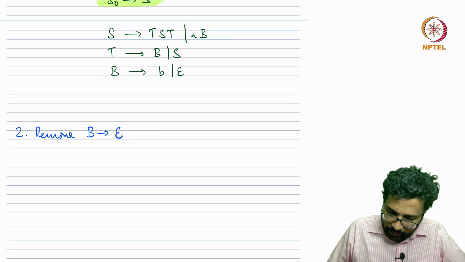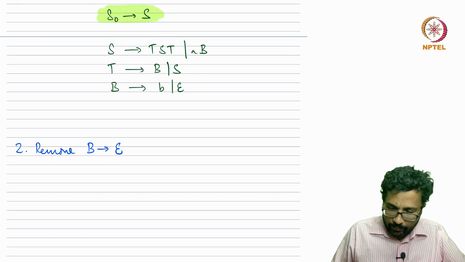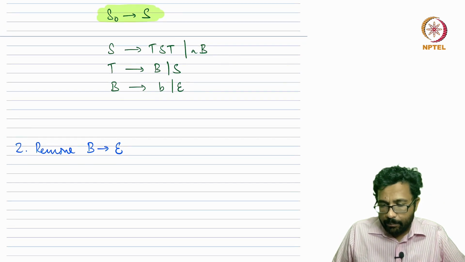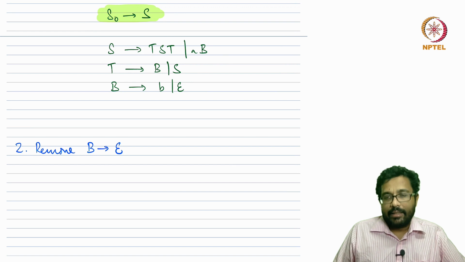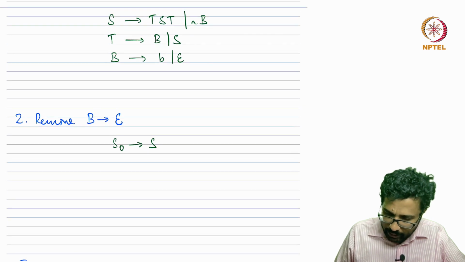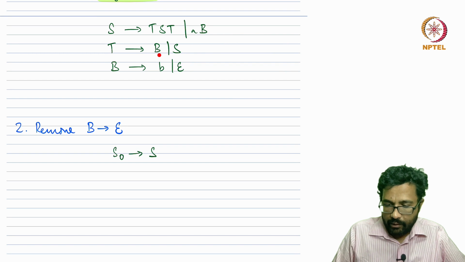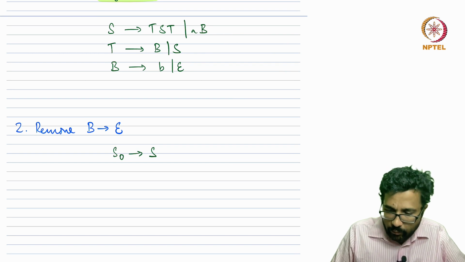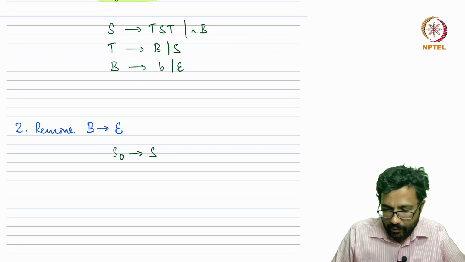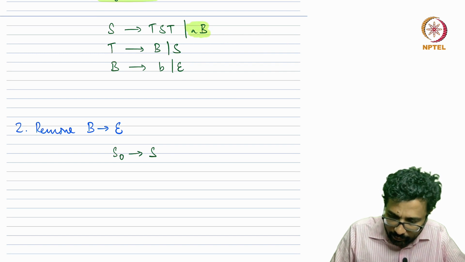I have not written it down, but let's try to work it out. So this is the rule. What we will do is, whenever B appears on the right side, we have the rule S0 gives S, let that be, and whenever B appears on the right side, there will be two places where B appears, here as well as here.